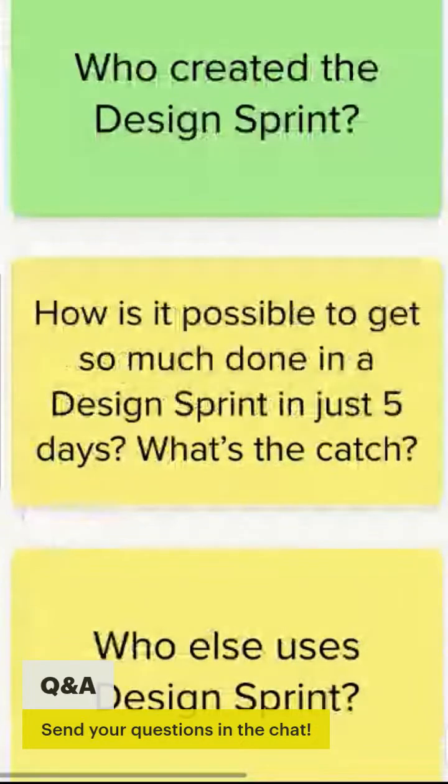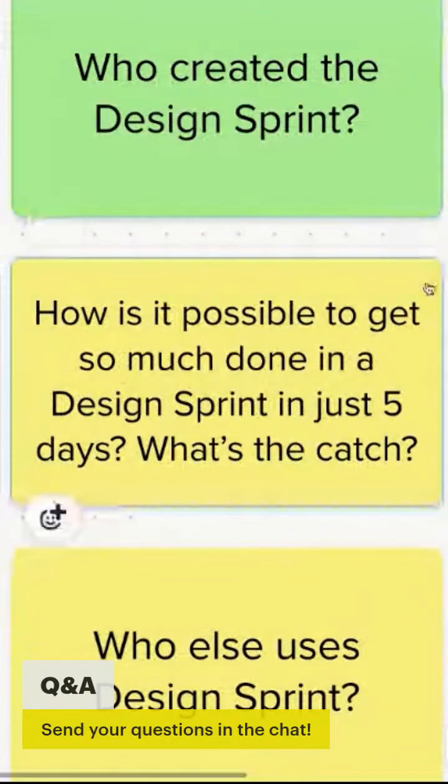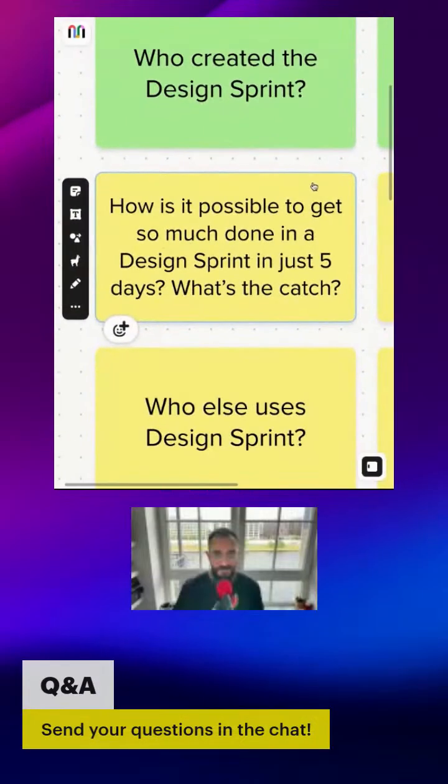And the answer to that is, there is a little bit of cheating in the process. The way you cheat is that, when it comes to prototyping, rather than building something, which is usually the thing that takes the most time, you fake it and build a facade of something that works.